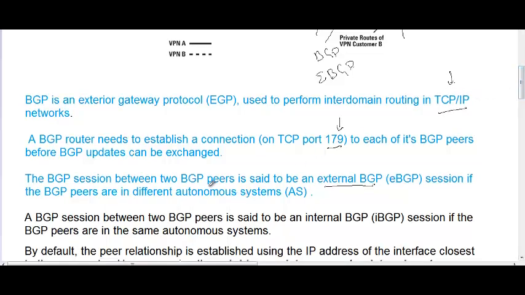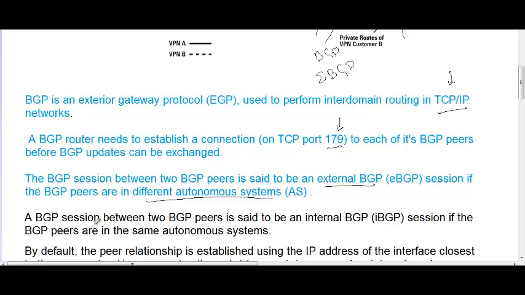So a BGP session between two BGP peers is said to be an eBGP session if the peer is in a different autonomous system. If I am forming a neighbor with a BGP router which is not in the same autonomous system, then it is eBGP.